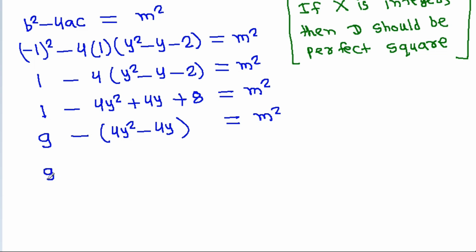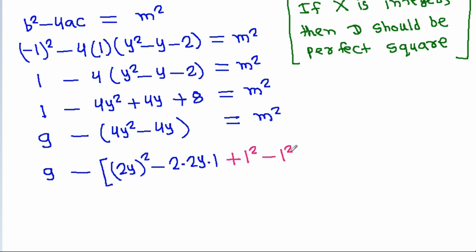And it is 9 minus, and 4y square is 2y square, and minus 4y is minus 2 times 2y times 1, and if we add 1 square and subtract 1 square, it is equal to M square.